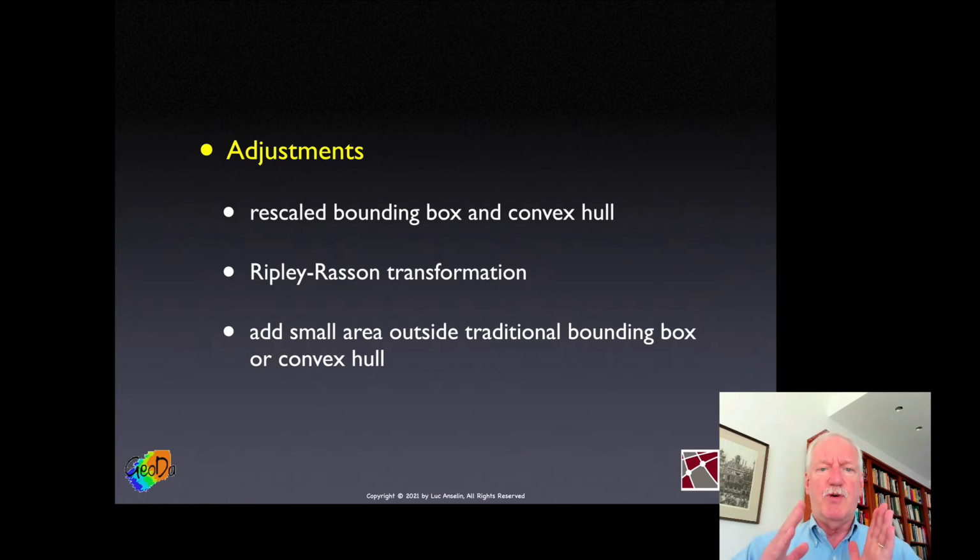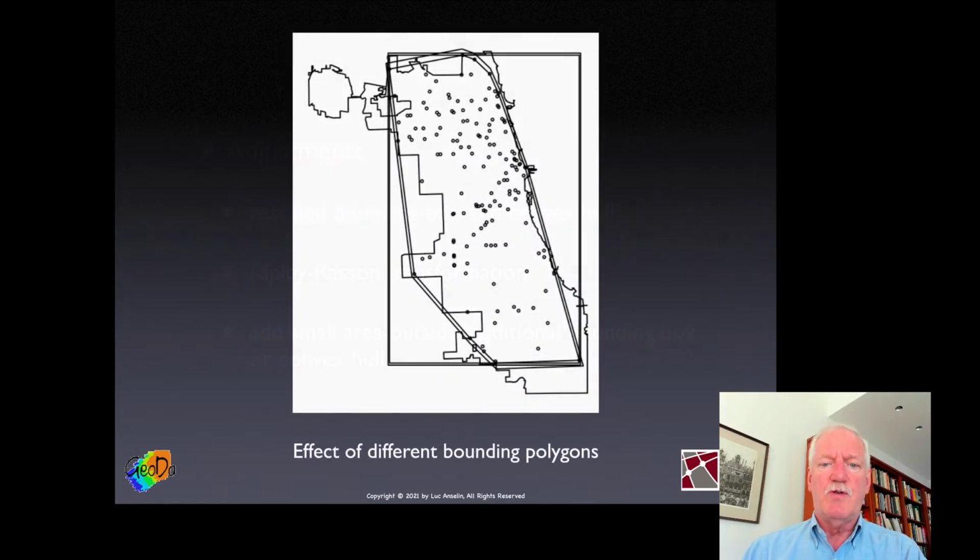And in essence, it pushes out the bounds of the box or the bounds of the convex hull using a particular ratio that is a function of the area inside. And we won't get into technical details. Just to give you a sense, you see very clearly here how the convex hull is kind of pushed out a little bit.